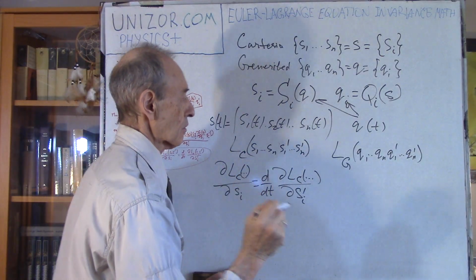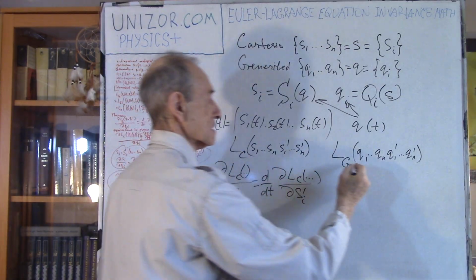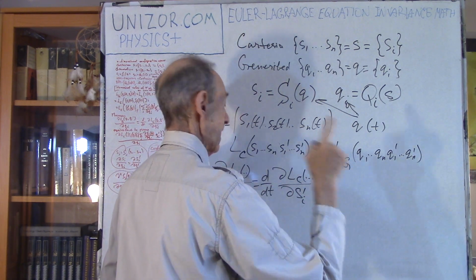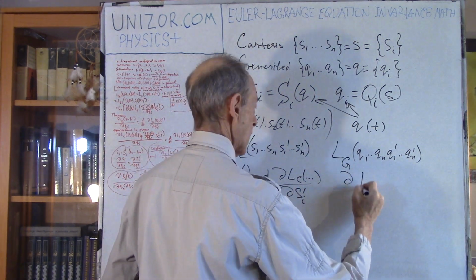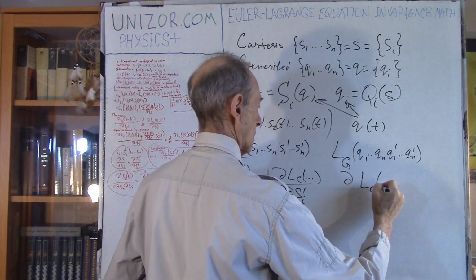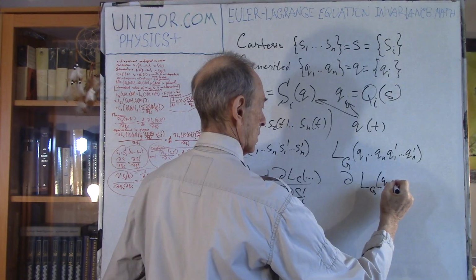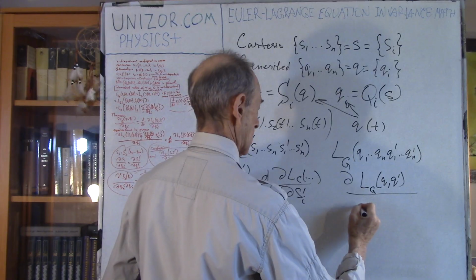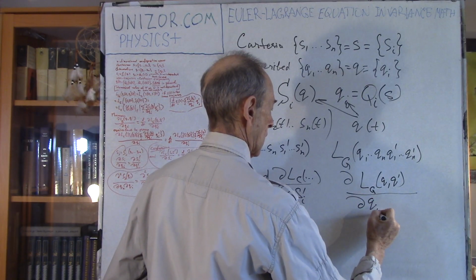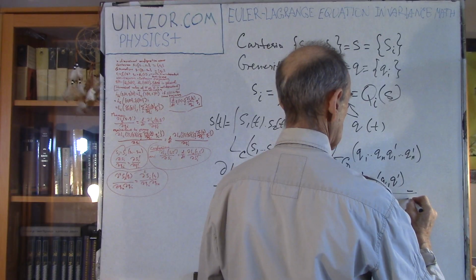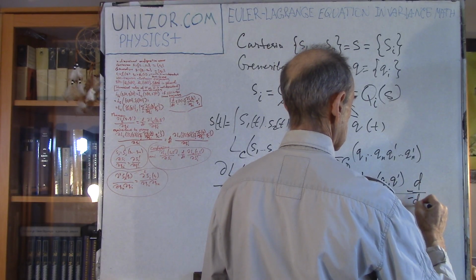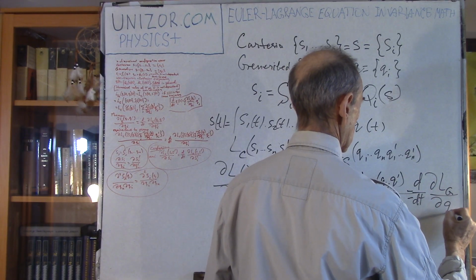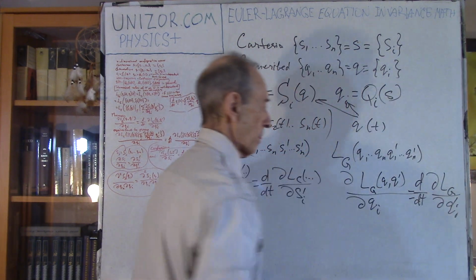So what I'm stating right now is that if the same trajectory is represented by generalized coordinates, then the same equation, with q and q prime, dLg divided by dqi, is supposed to be equal to d by dt of dLg by dqi prime.